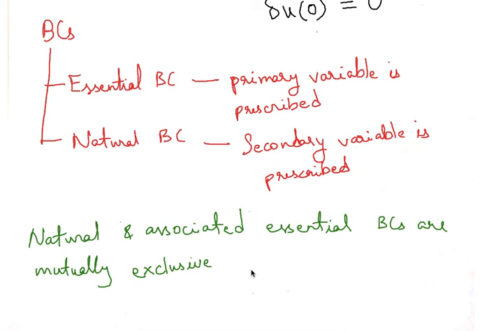So in thermal analysis on the boundary, you are either prescribing normal heat flux or temperature. In mechanics, you will either be prescribing displacements on the boundary, or you will be prescribing surface tractions. So they are mutually exclusive. You cannot prescribe both at the same point on the boundary.